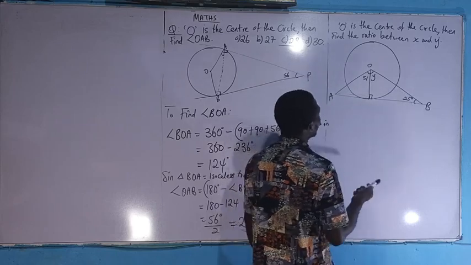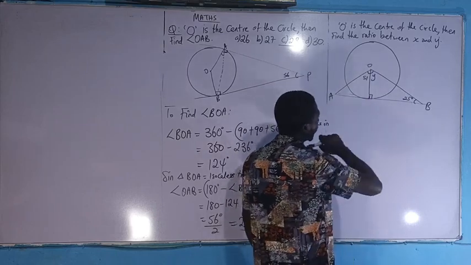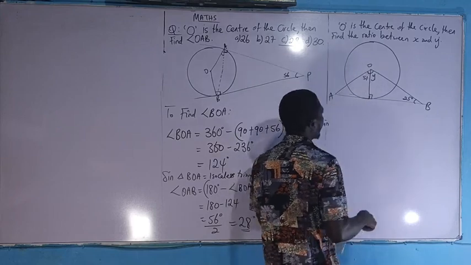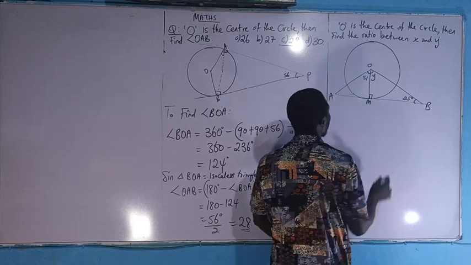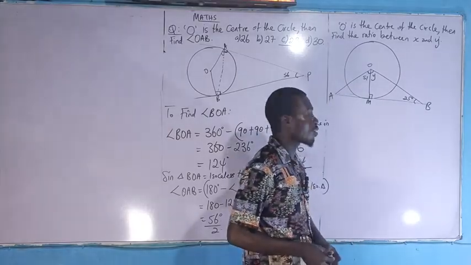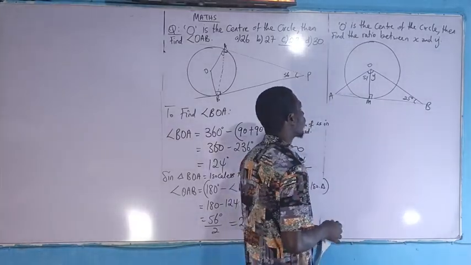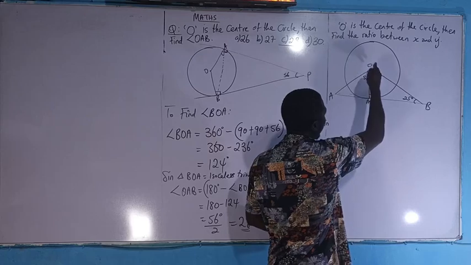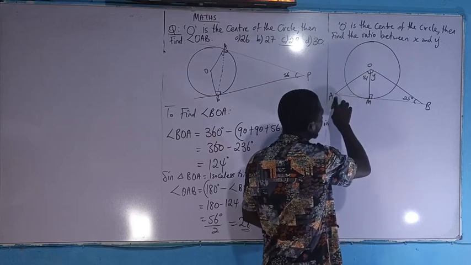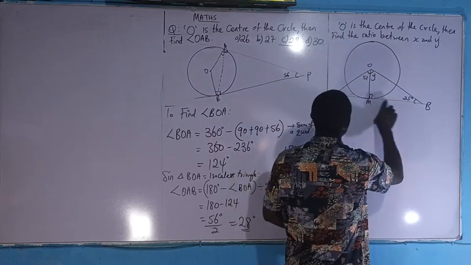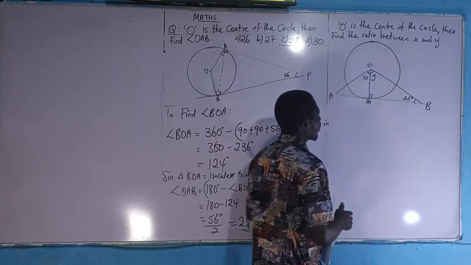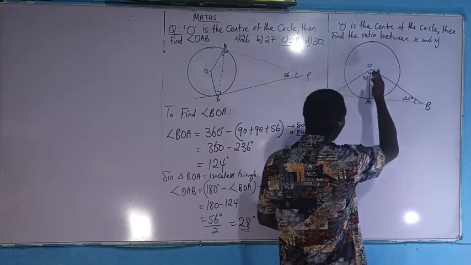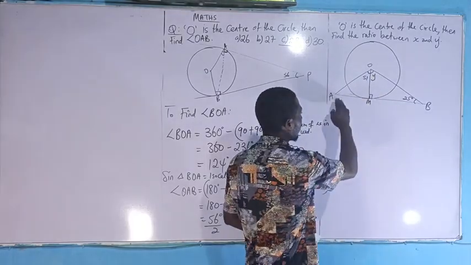Now the question says that O is the center of the circle, then this is the radius of the circle. Let's call this place M. So OM is the radius of the circle. Also, it forms 90 degrees with this line AB. It is not a bisected line, but it forms 90 degrees with the line AB.